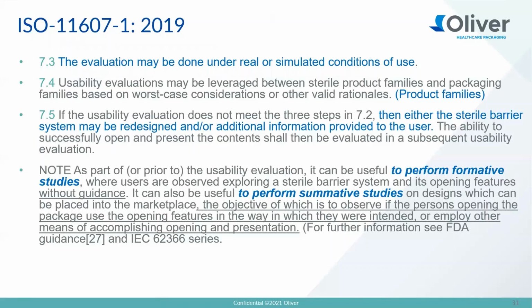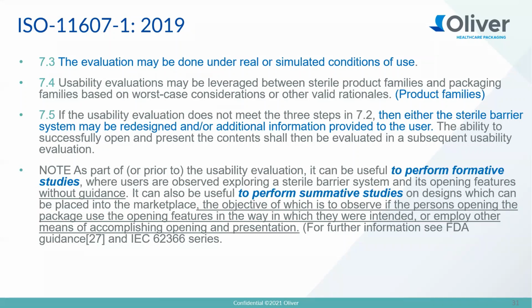Again, coming back to ISO 11607 and the evaluation of aseptic presentation, you see that section 7.3 talks about evaluations that may be done under real or simulated conditions of use. That gives you opportunities to do it at sites if you have people that are trained on site in their facilities. In 7.4, it talks about product family categories and worst case scenarios.